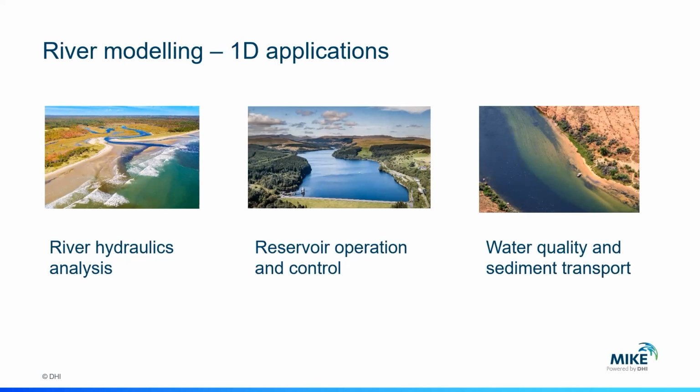These three types of applications would cover a broader range of specific studies, but these studies would have these basic concepts as a base. In the next slides, I will go through the range of tools, workflows, and all the functionalities that we have available for these types of applications, just to give you a general overview of what we can do using the 1D component in Mike Plus.